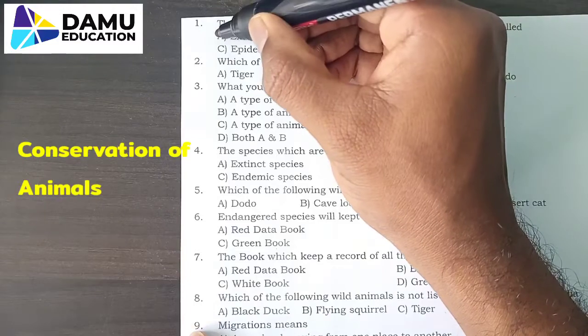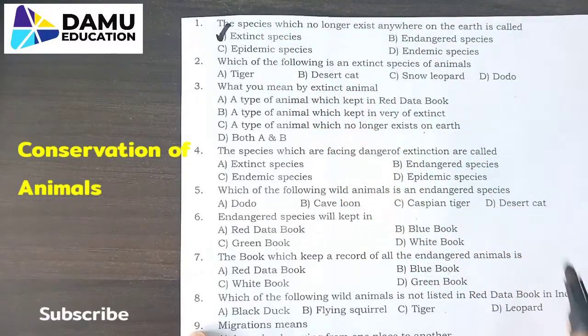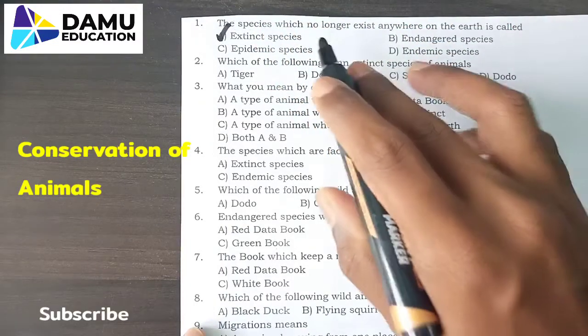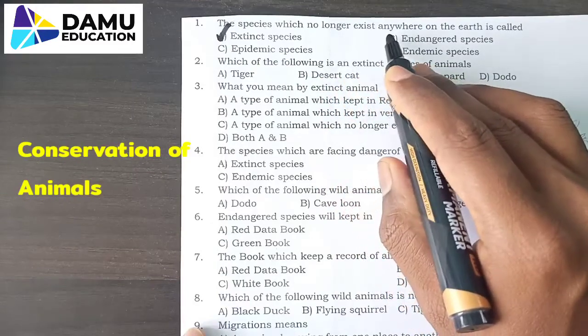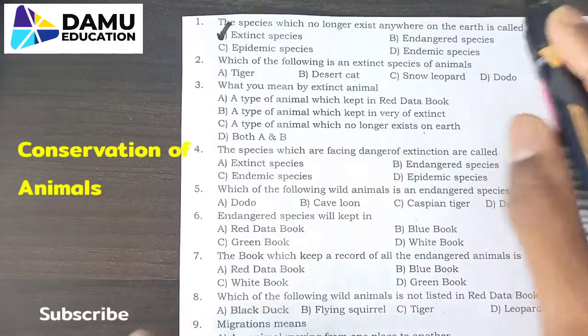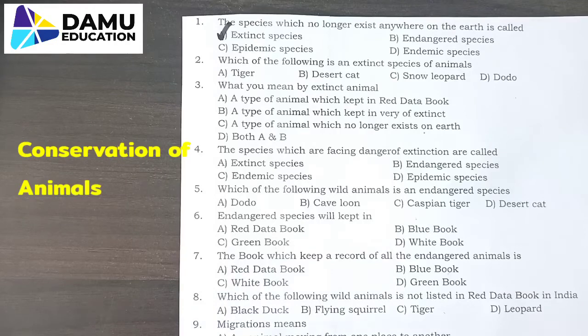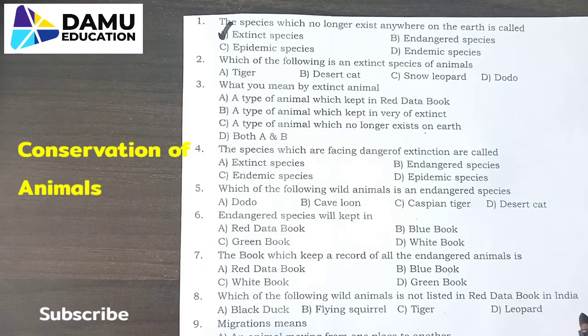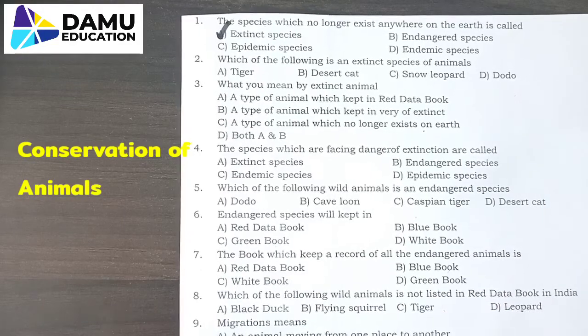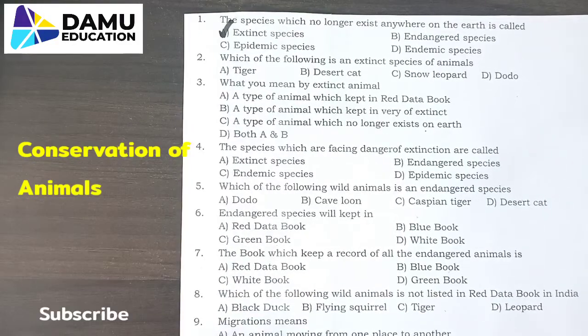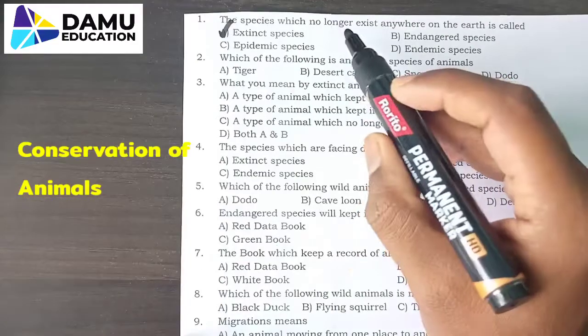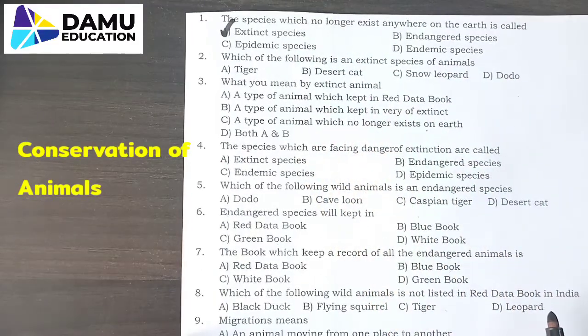We know that it is extinct species. So what is meant by extinction? The species which no longer exist anywhere on the earth. It will vanish, completely disappear from the earth, be eliminated or eradicated from the earth.